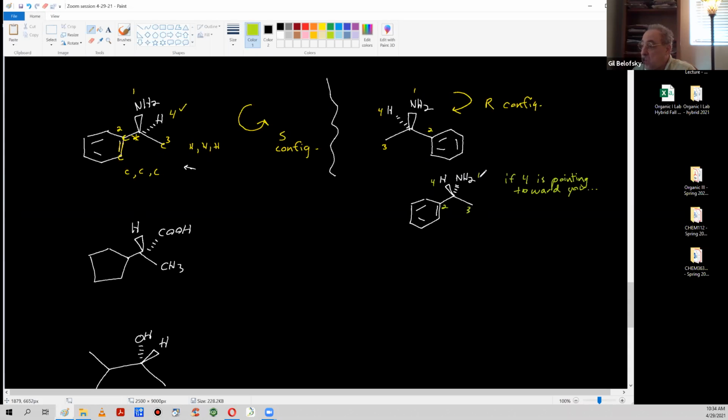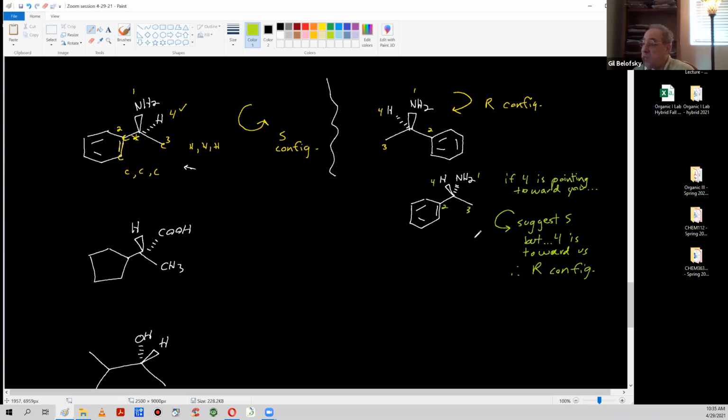You would look at it here and say 1 to 2 to 3 is counterclockwise, suggests S, but 4 is toward us, which is the opposite of away from us. So therefore, it's R configuration.